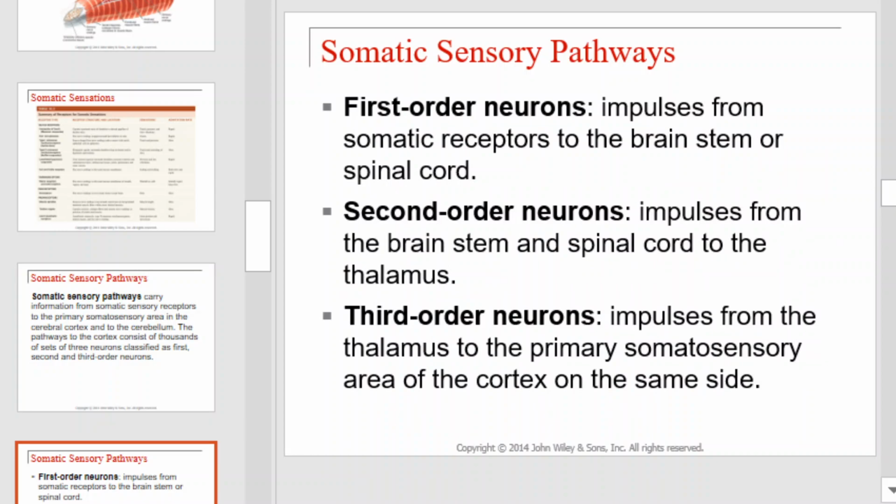First order neurons: impulses from somatic receptors travel to the brain stem or to the spinal cord through first order neurons. Second order neurons: impulses from the brain stem and spinal cord travel to the thalamus through second order neurons. Third order neurons carry impulses from the thalamus to the primary somatosensory area of the cortex on the same side.